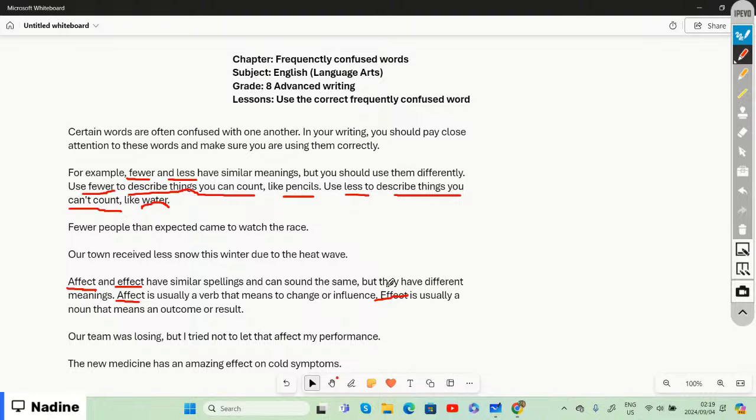All right. So once again, before we go to aplusstudents.ca, we can say that certain words are often confused with one another.